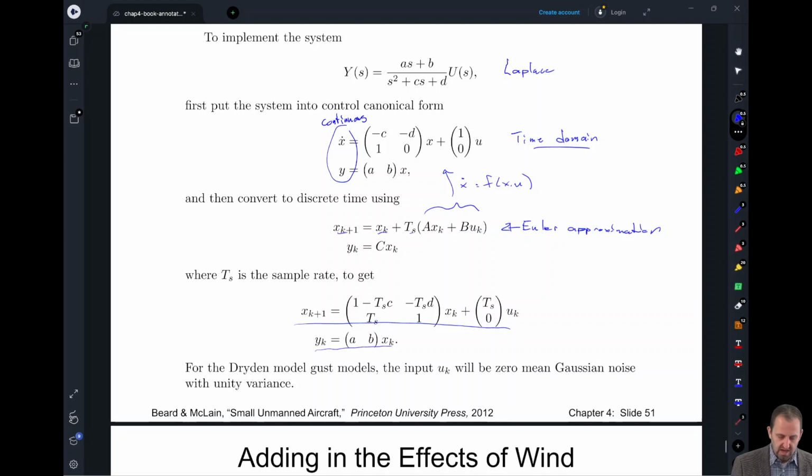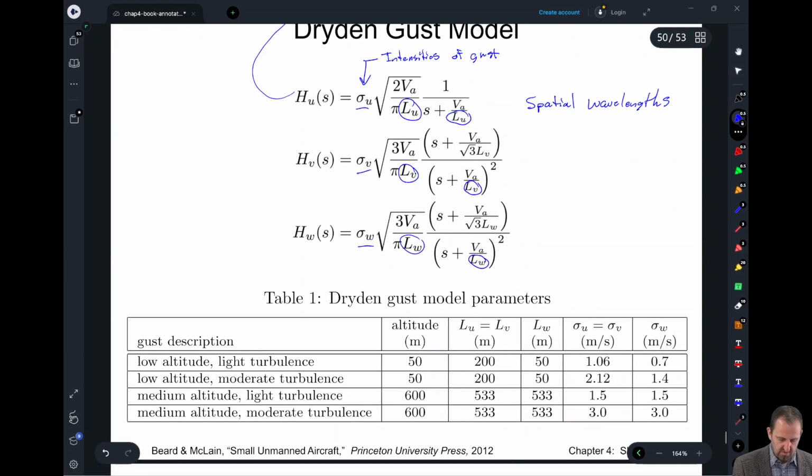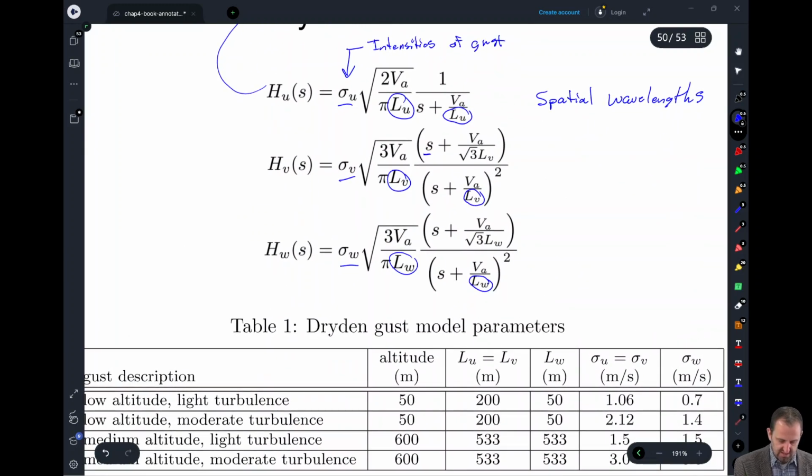Now you may be asking, how do we define these A, B, C, and D values? Well, we can just come up here and see that we have S, and down here we have up to S squared in the denominator.